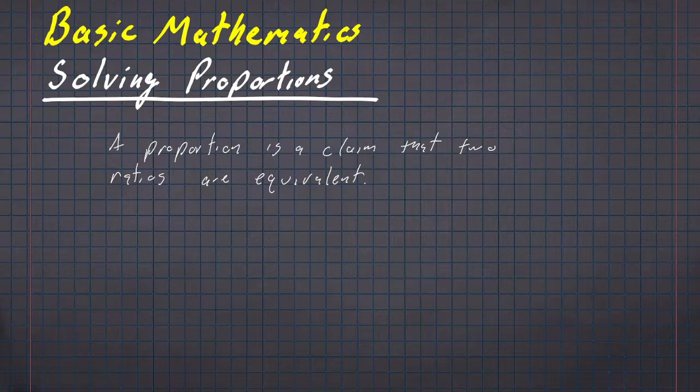A proportion is a claim that two ratios are equivalent. Symbolically, we can write that as a fraction a over b equals another fraction c over d.